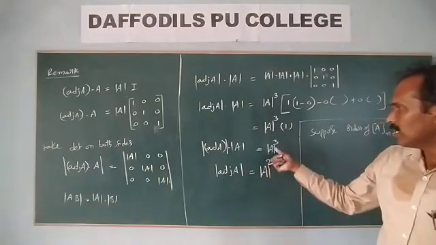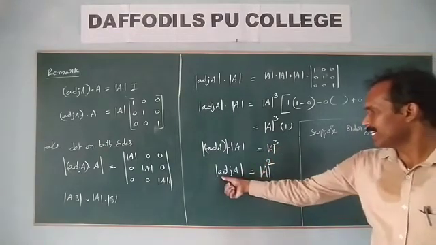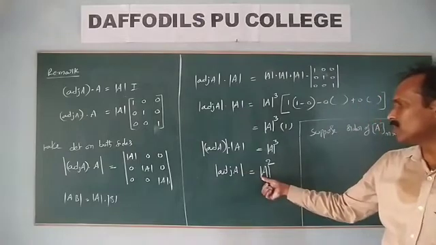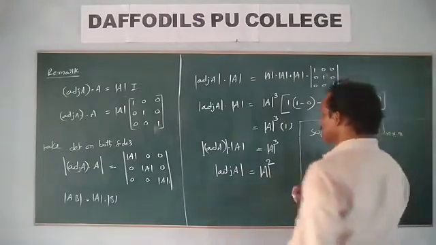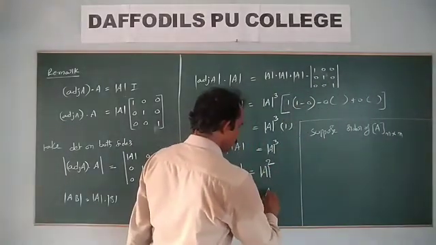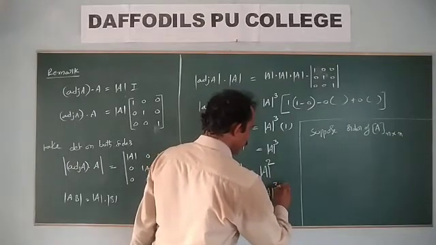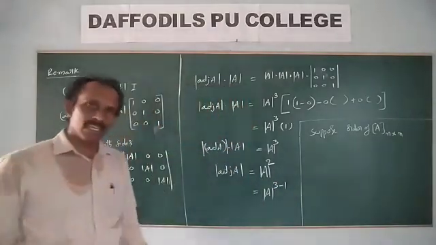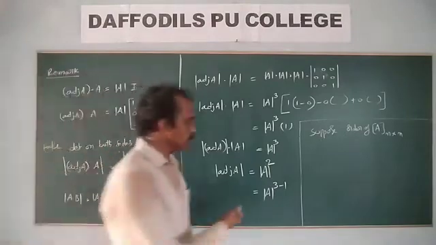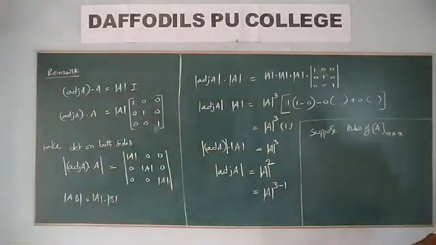Finally, determinant of adjoint A is equal to det A square, and this 2 can be written as 3 minus 1, det A to the power 3 minus 1. Use this remark, we can generalize that.